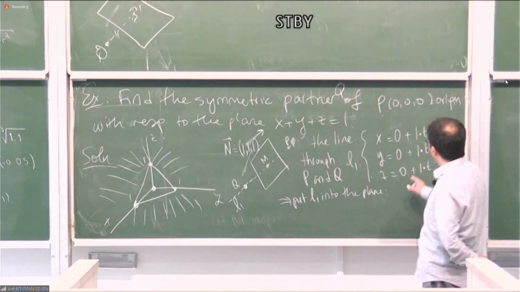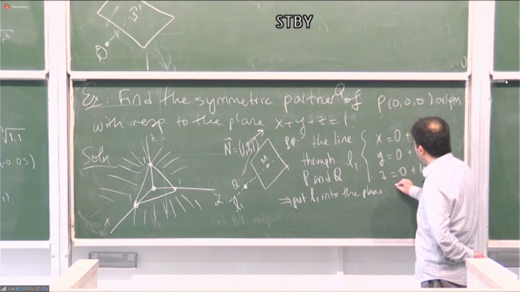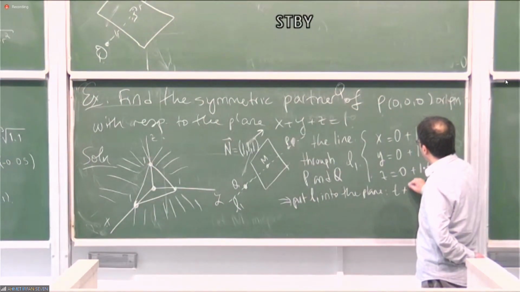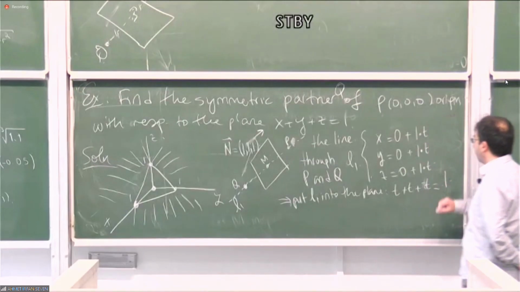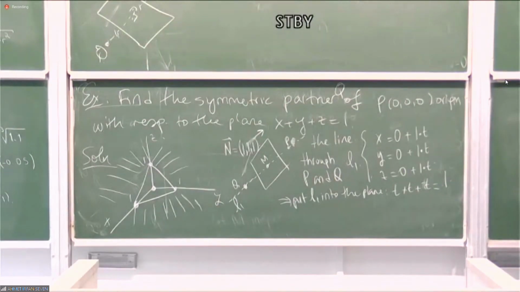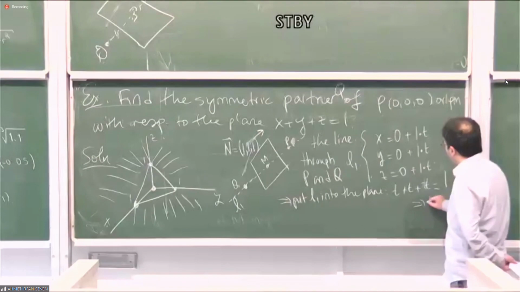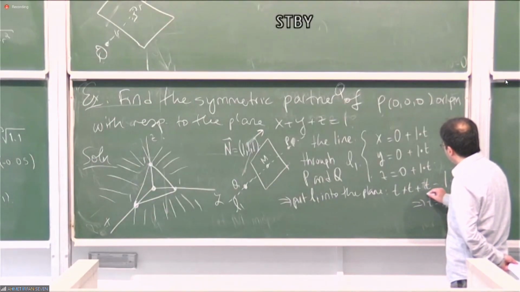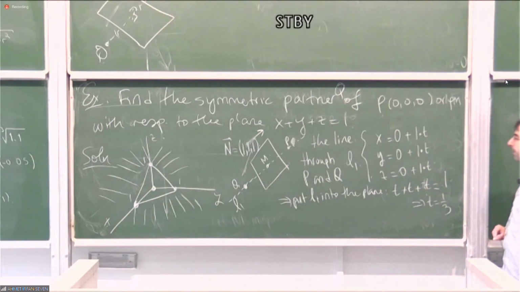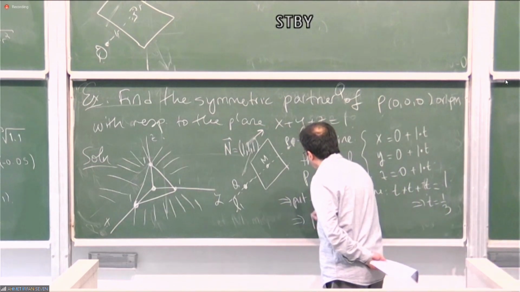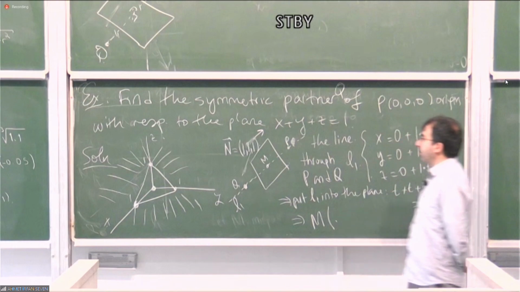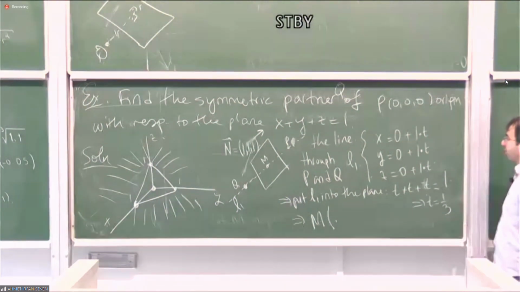So I'm going to put x equals t, y equals t, z equals t. And this was supposed to be 1. So t equals 1 over 3. Which means M, this intersection point, will occur when t is equal to 1 over 3.